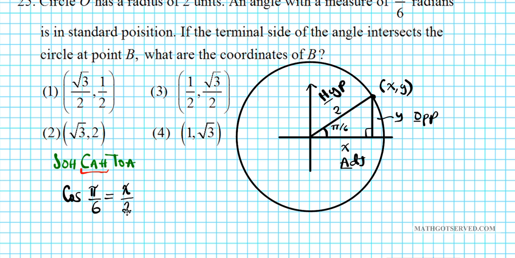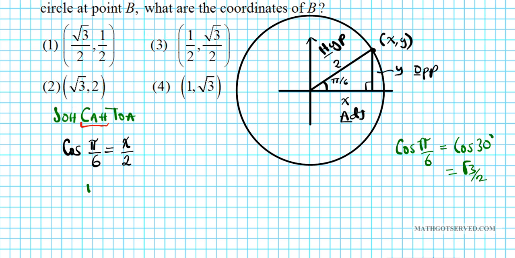Okay, so now we're going to solve this equation for x. Recall cosine pi over 6 is the same thing as cosine 30, which is equal to root 3 over 2. So we're going to plug in that value here for cosine pi over 6.